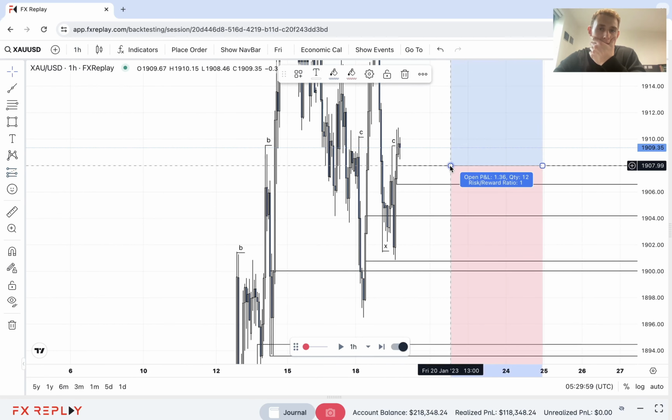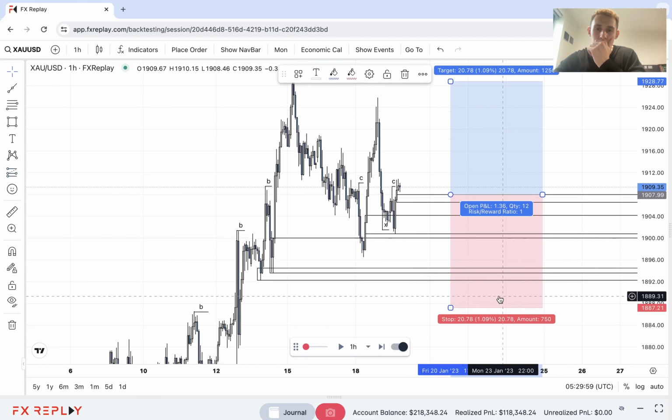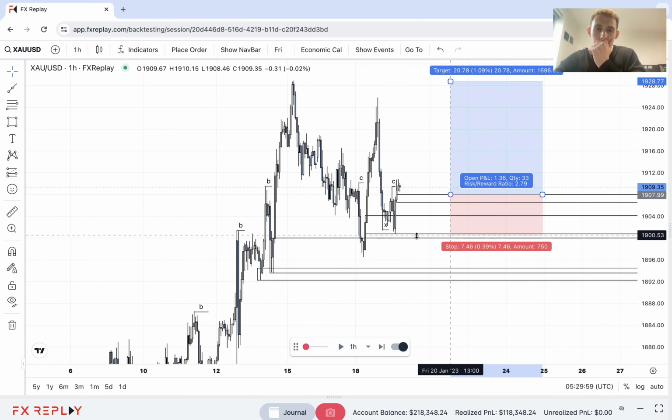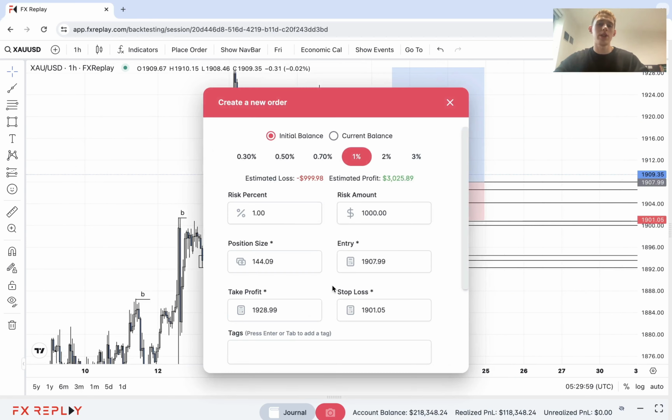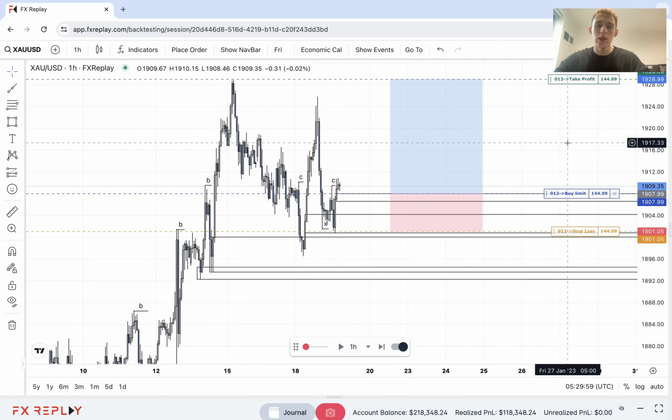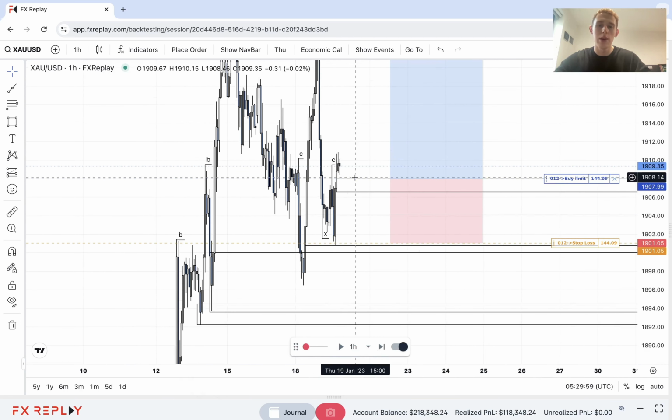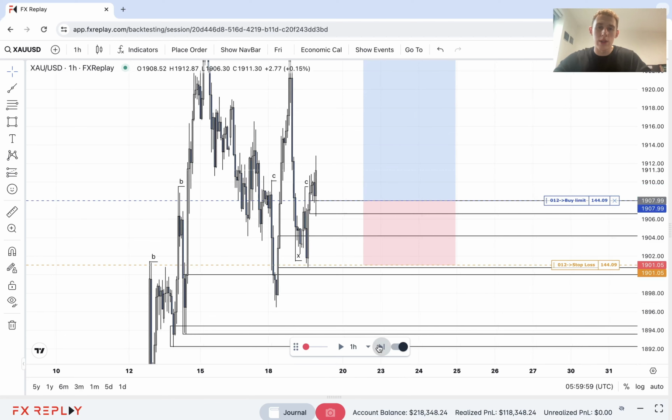So I'm going to set a limit there, and have a bigger stop loss. A 1 to 3 is good enough for me. The reason I'm doing that is to cover this low, as price could always come into there.